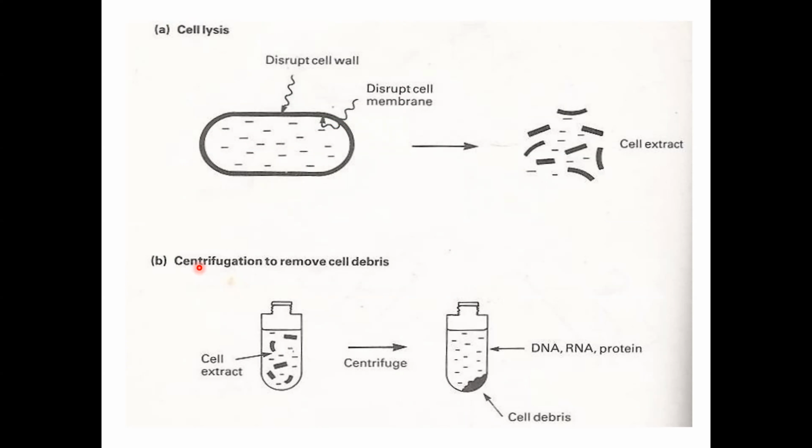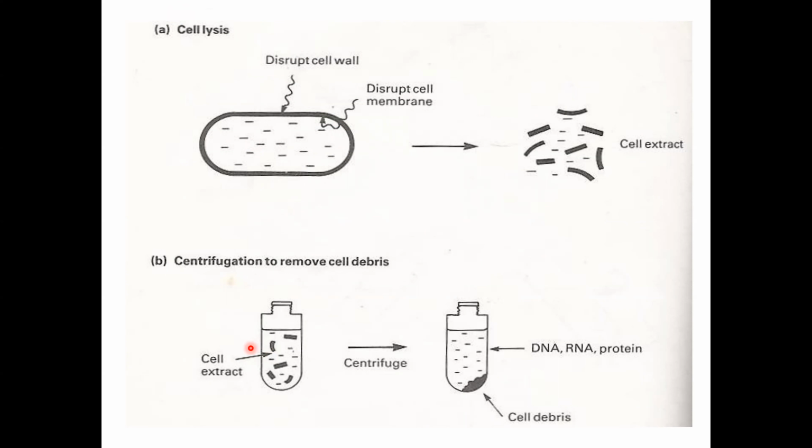This is a typical graph shown to you, with cell lysis and centrifugation to remove cell debris. As I mentioned, the principle of isolation is to disrupt the cell wall or cell membrane. Once disrupted, it will release the contents necessary for your experiment, called the cell extract. After which you can perform centrifugation to remove the cell debris.